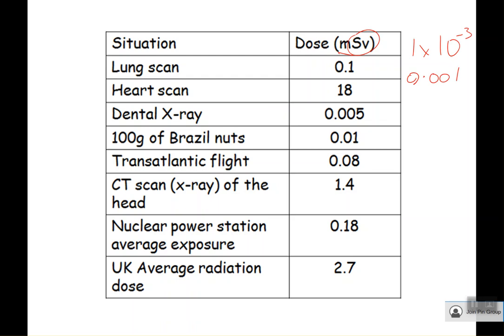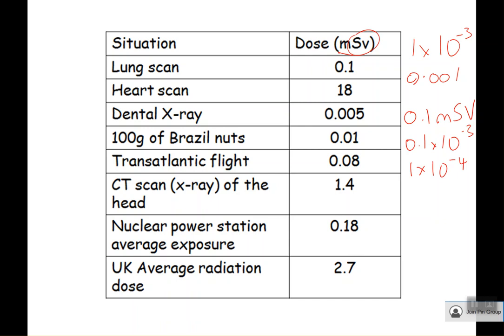For example, if a lung scan is 0.1 millisieverts, in sieverts that would be 0.1 times 10 to the minus 3 sieverts, or 1 times 10 to the minus 4. So you don't need to remember that unit, but you do need to remember that milli means times 10 to the minus 3, 1,000th, and you may need to do so with this data.